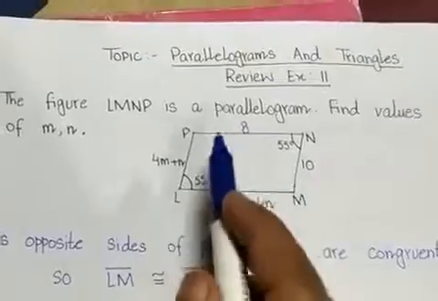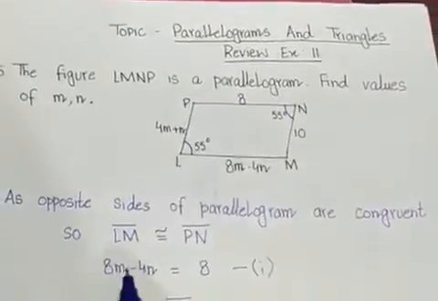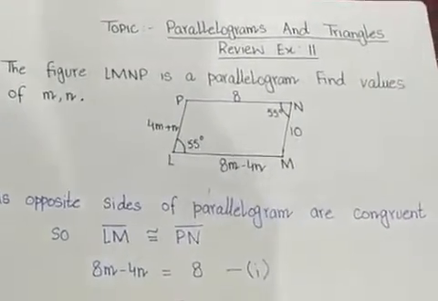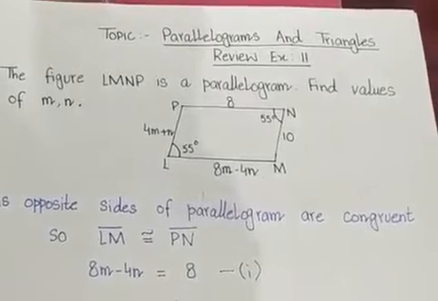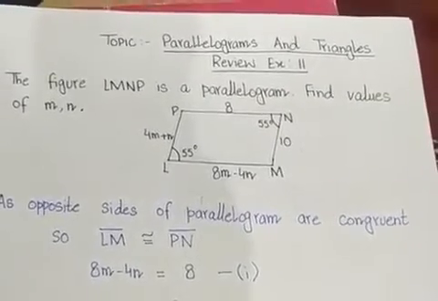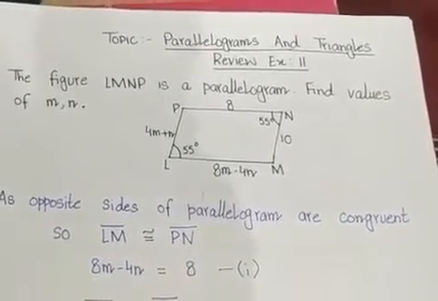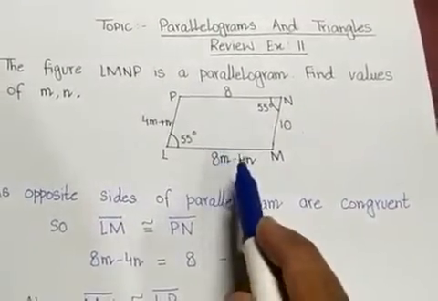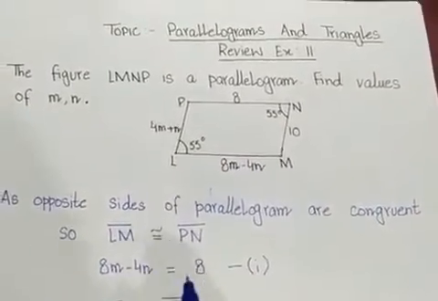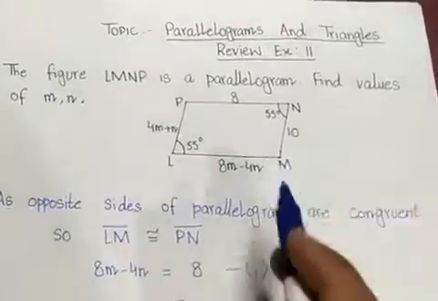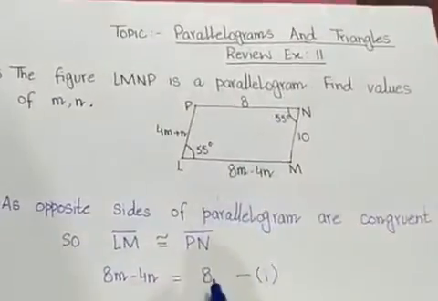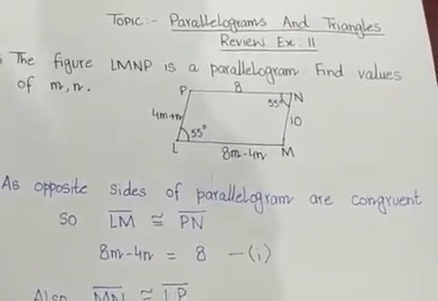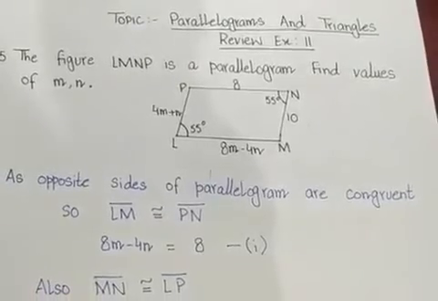This side is congruent to this one. Here I have written LM is congruent to PN. Now assign the values. The value of LM is 8m minus 4n, equality sign, and the value of PN is 8. This is our first equation, equation number 1.